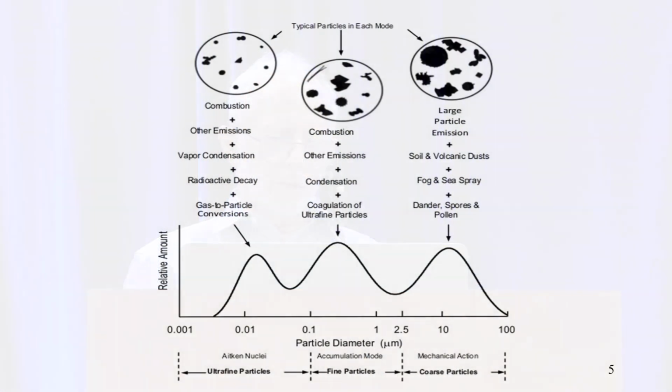When we discuss PM, generally there's a 3-mode way that you organize the particles. And on this slide, at the bottom is EPA's terminology in terms of ultrafine, fine particles, and coarse particles.